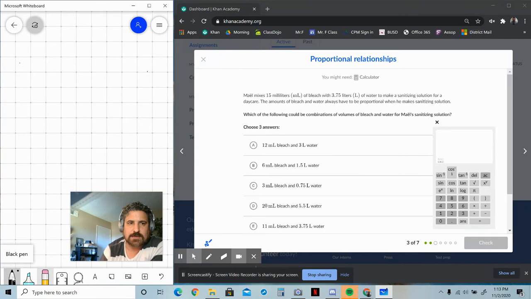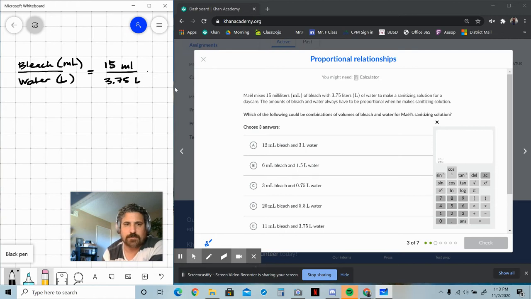So milliliters of bleach on top, and your amount of water in liters underneath, because you want the milliliters of bleach per liter of water as the ratio that stays constant. So we can see here that it's 15 milliliters of bleach for every 3.75 liters of water.